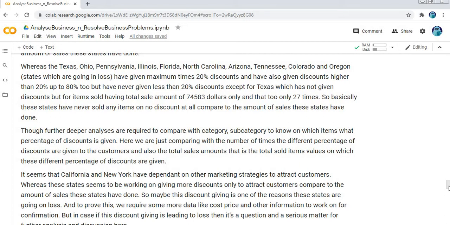So further deeper analysis is required to compare on which category and subcategory of items this percentage of discount was given.